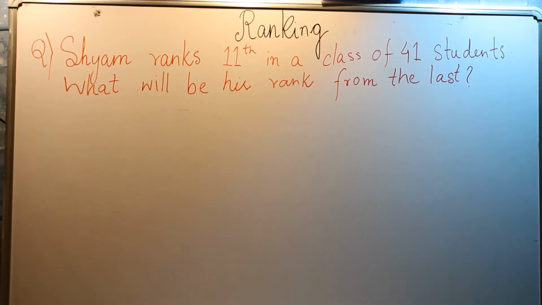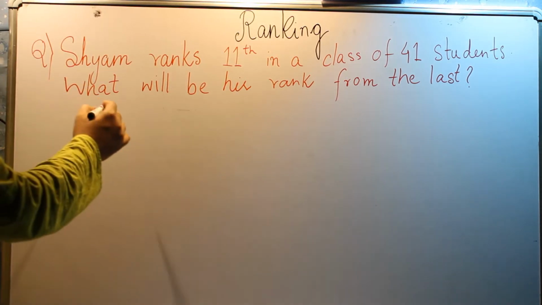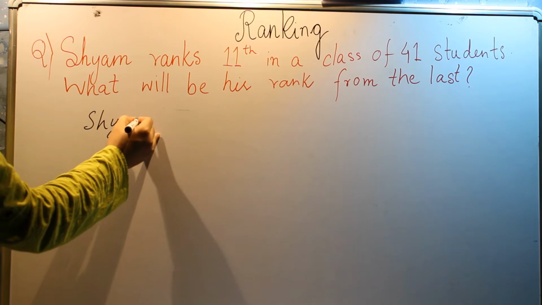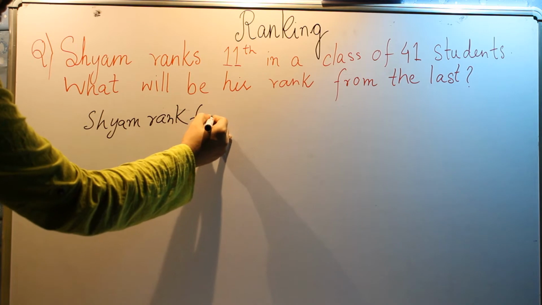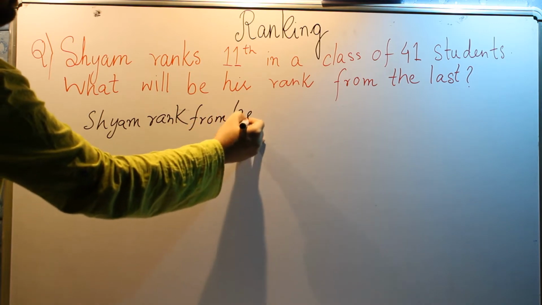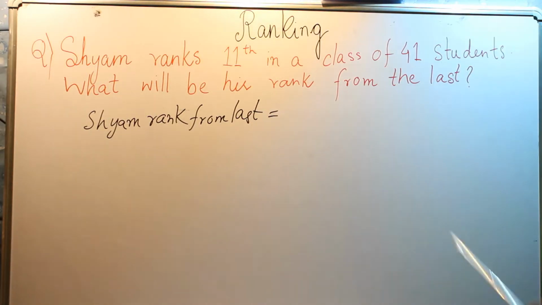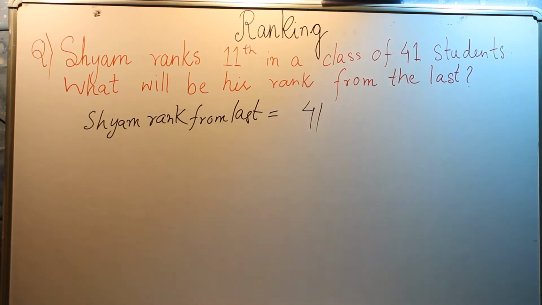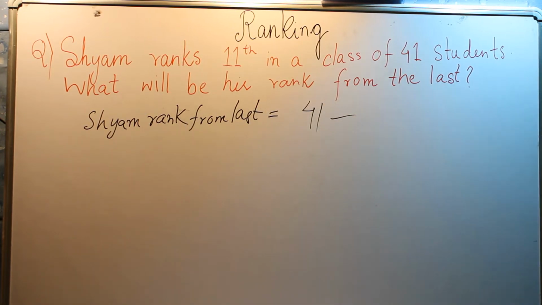So, using the formula, Shyam's rank from last is equal to total number of persons, which is 41, minus Shyam's rank from the top, 11th.